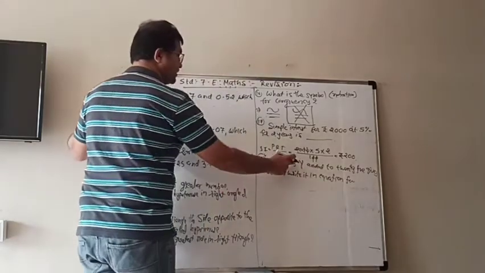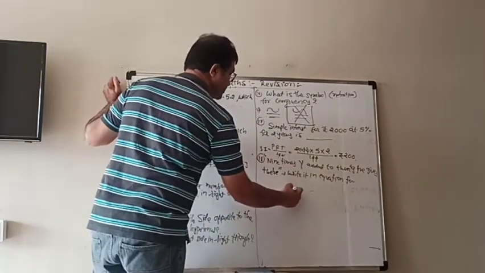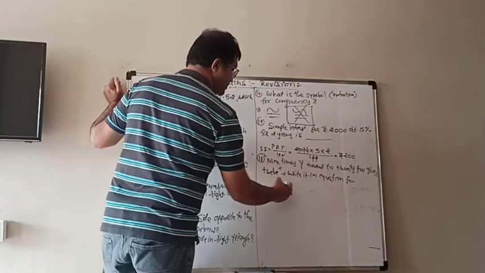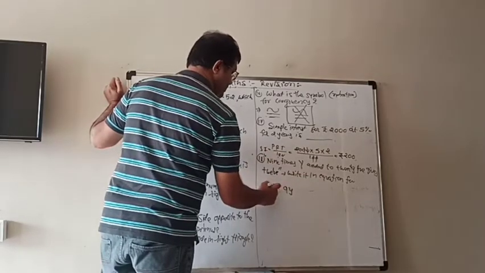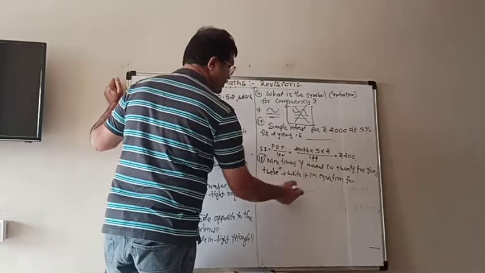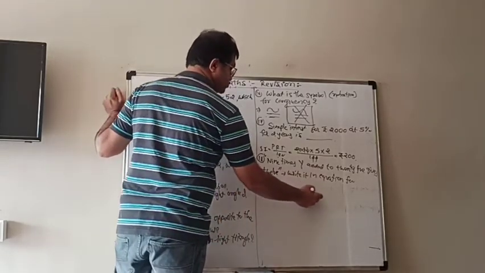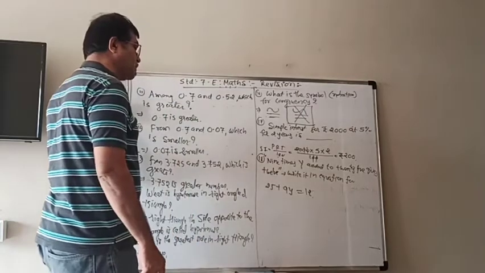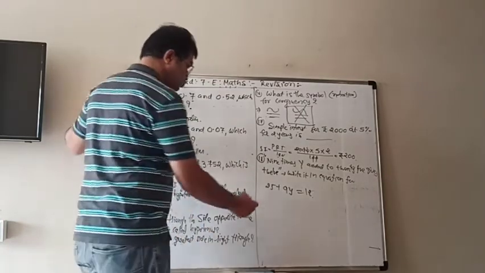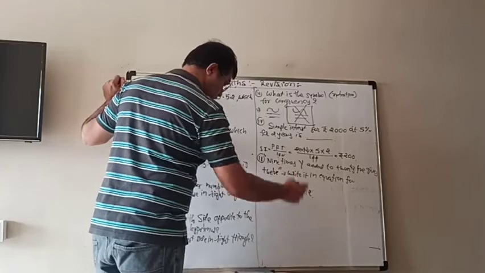So now 9 times y is 9y. Added to 25. So 25 to which 9y is added gives 12. So 25 plus 9y is equal to 12.